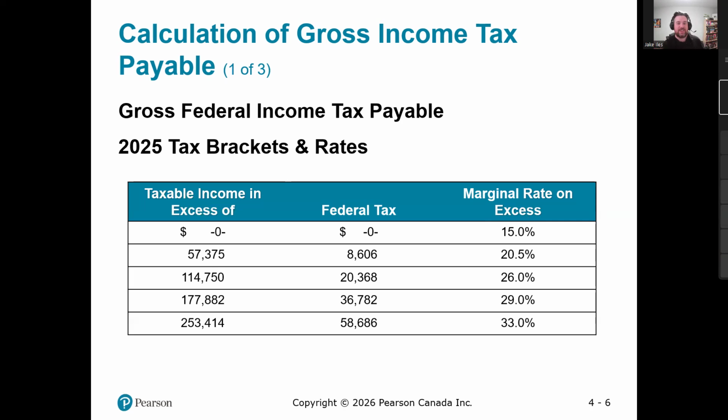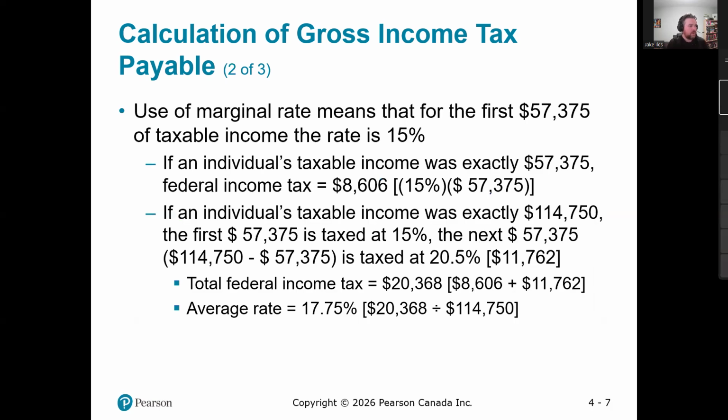You haven't lost the income you had before. It's only on your additional dollars that these tax rates apply. So the use of marginal rates means that for the first 57,375, taxable income rate is 15%. If an individual's taxable income exceeds that 57,000, their federal tax will be 8,606.